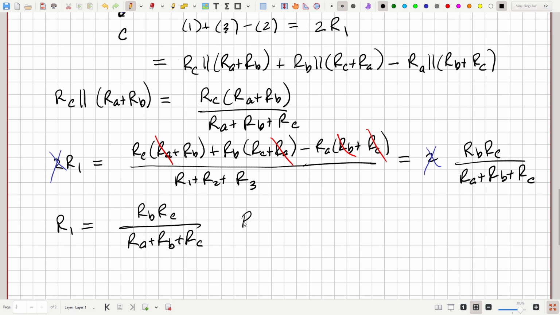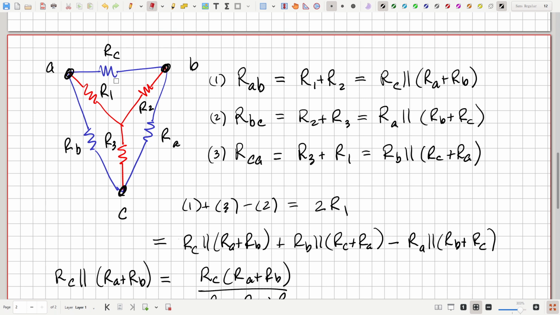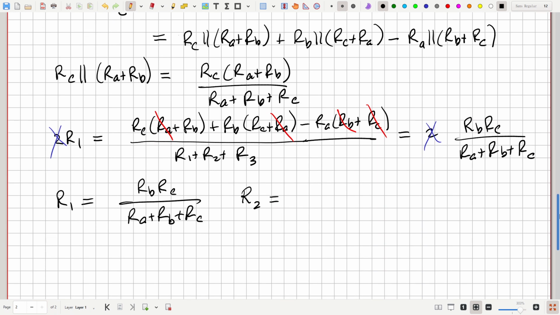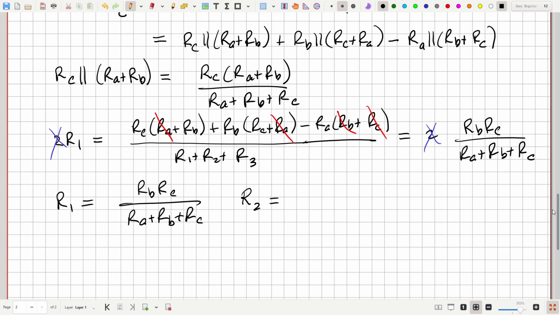Now, if we did the same thing with R2, it's the same as just taking the same whole thing and rotating it 120 degrees and doing the same kind of calculation. We're just going to have different subscripts. So if we go through and do that, what we're going to get is RC RA over RA plus RB plus RC.